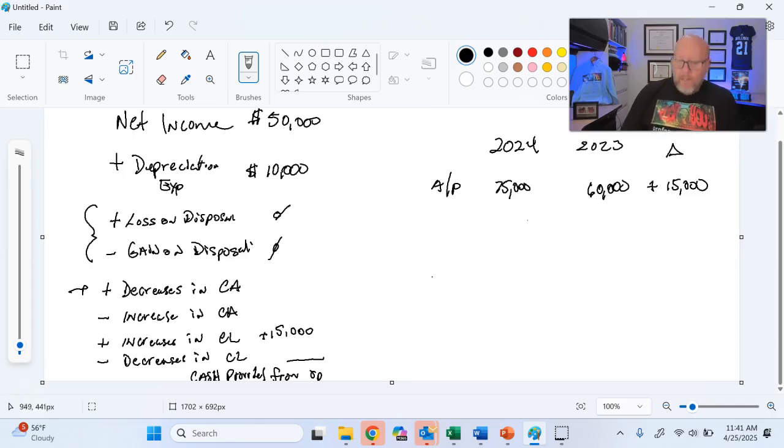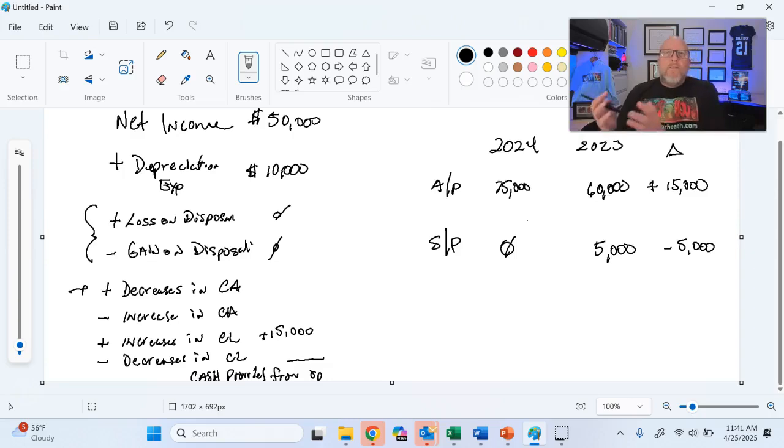And then likewise, if I have salaries payable, maybe I had salaries payable of 5,000 in 2023 and nothing in 2024. And therefore the change is a negative 5,000.